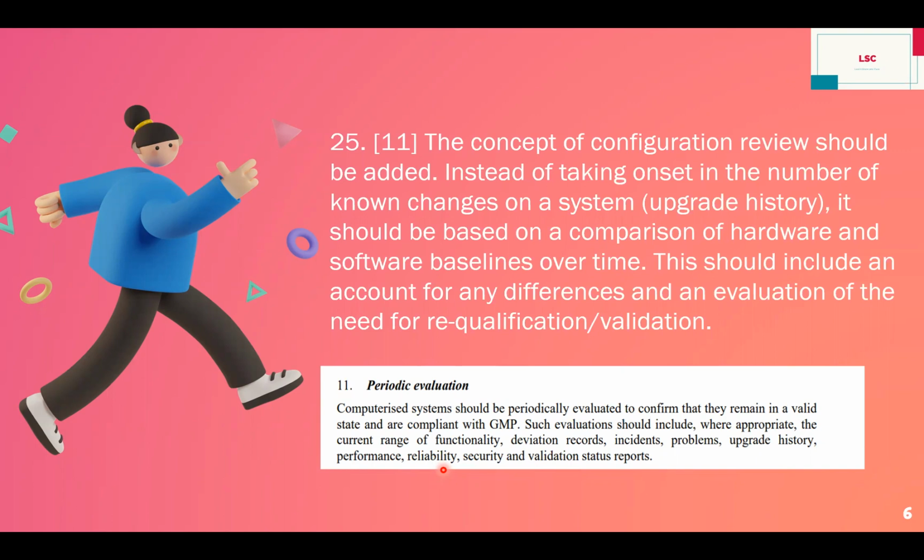Now, point number 24 is related to Annex 11, point number 11, that is periodic evaluation. We all know that when we do CSV, periodic evaluation is one of the parts, in which we verify that the electronic system is doing well and is still in the validated state as before. It is written in Annex 11 that computerized systems should be periodically evaluated to confirm that they remain in a valid state and are compliant with GMP.